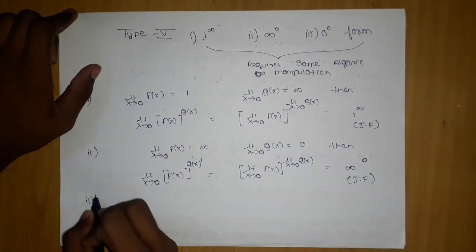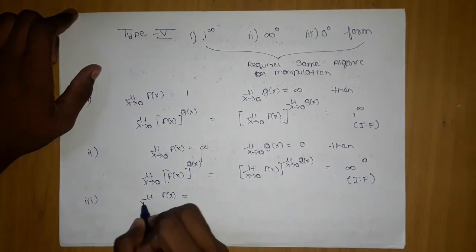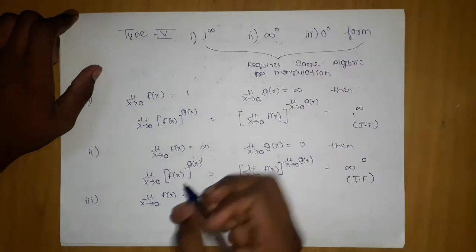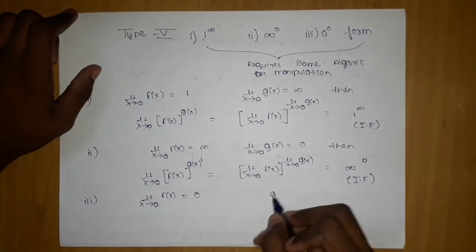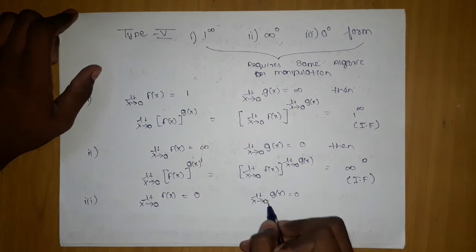Third one, same thing we will do, limit x tends to a of f of x by g of x, where this will also give 0 value and this will also give 0 value when limit x tends to a.